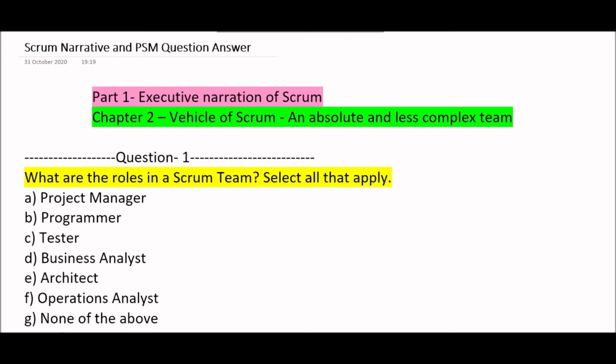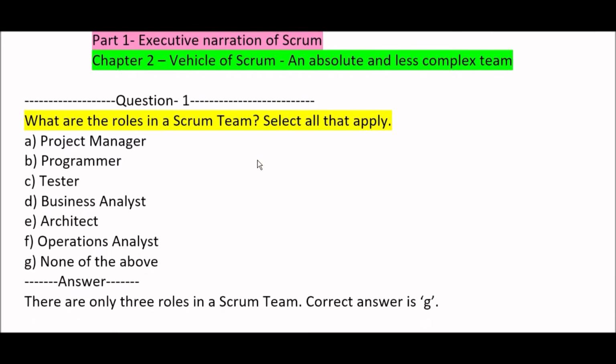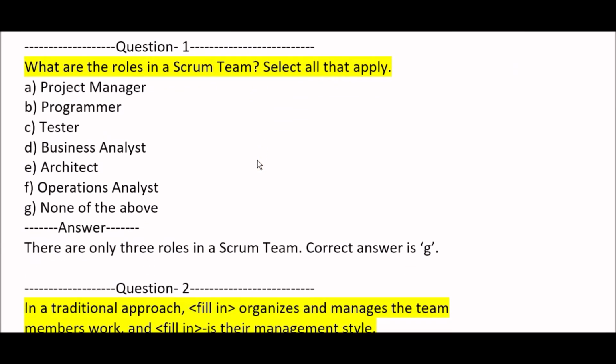Now question number 1 in this chapter is: what are the roles in the Scrum team? Select all that apply. Options: project manager, programmer, tester, business analyst, architect, operations analyst, none of the above.